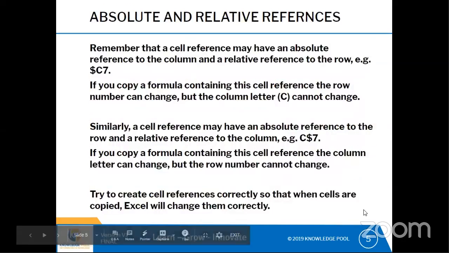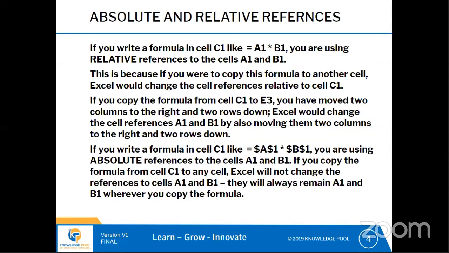Okay. So if you write a formula in C1 that says something like A1 times B1, you're using a relative reference to cells A1 and B1. This is because if you were to copy this formula to another cell, it would change the cell references relative to cell C1.